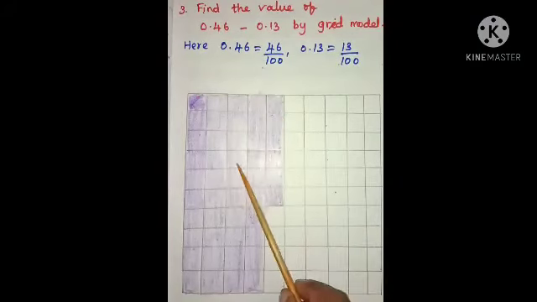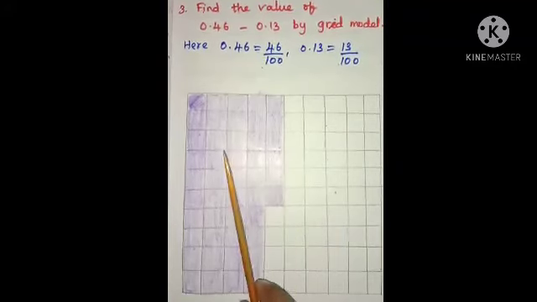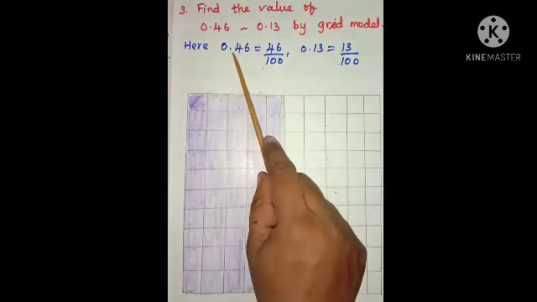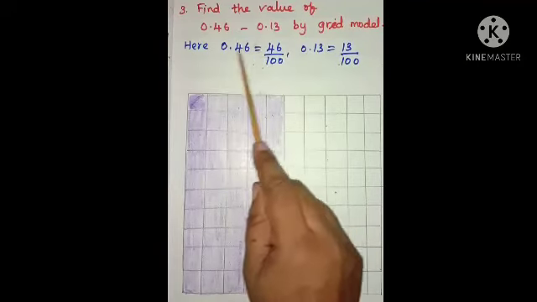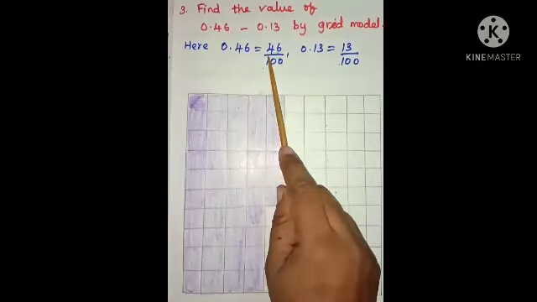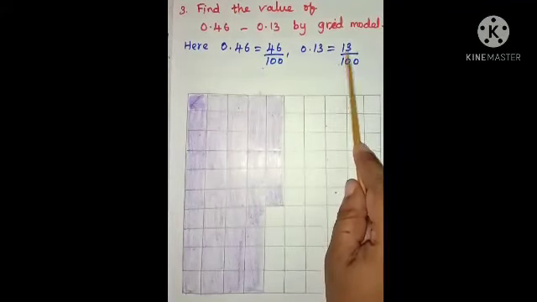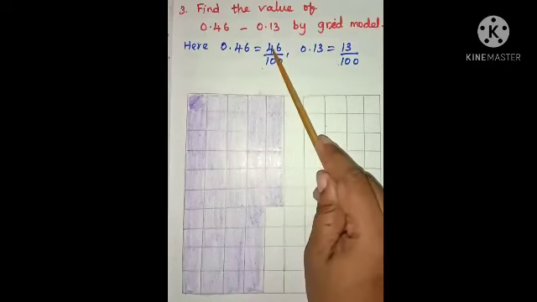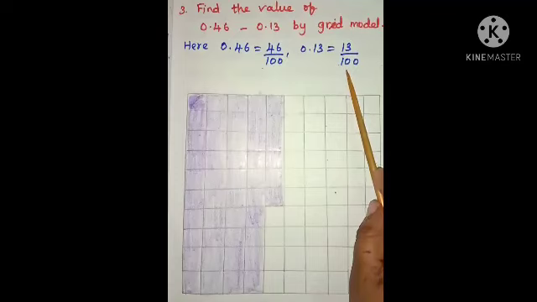Thus we divide the square area into 100 equal parts. Now we can easily write the decimals as fractions. 0.46 is equal to 46 by 100, and 0.13 can be written as 13 by 100. This represents 46 out of 100 and 13 out of 100.